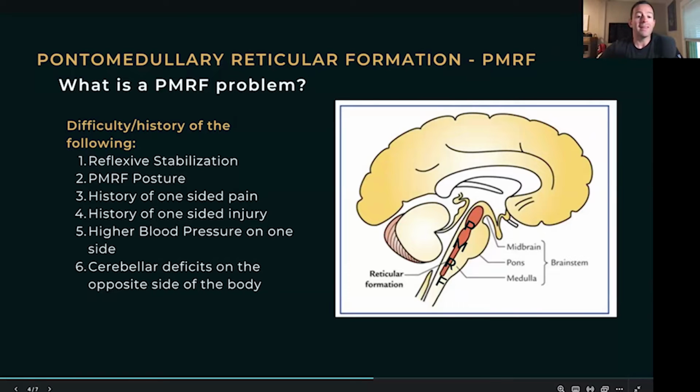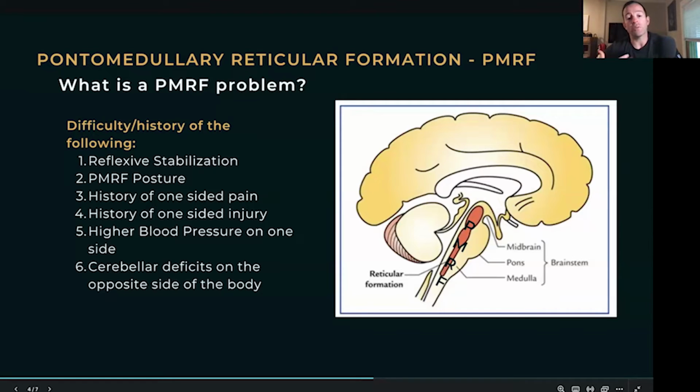Number 3, history of one-sided pain. So if you're an individual that has a long history of pain that shows up on the same side of the body, that could indicate a PMRF problem. One of the roles of the PMRF is to inhibit pain ipsilaterally. So ipsilaterally means on the same side of the body.